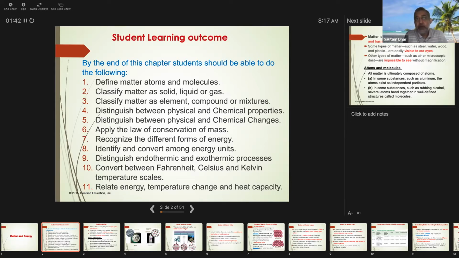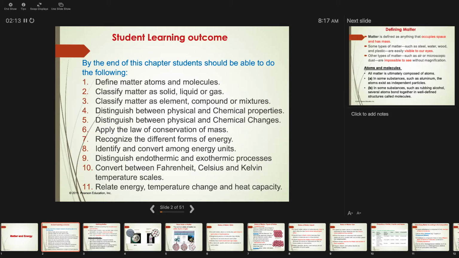The compounds basically contain molecules that are made by bonding of the atoms. You can have pure compounds like water, which contains the molecule of water, not separate atoms. Mixtures can contain various components in varying ratios, and we'll look more closely at the differences between them.